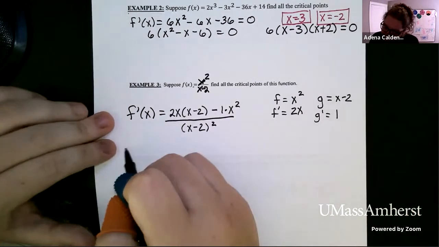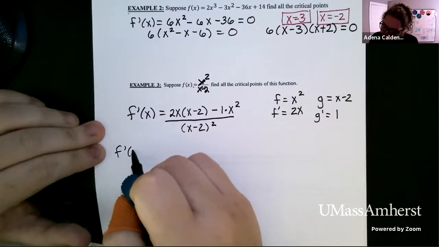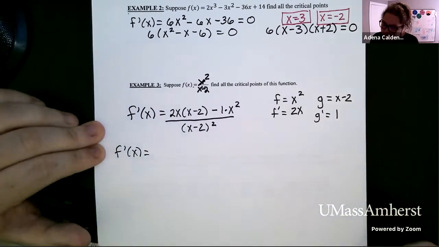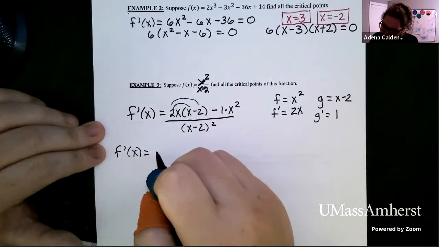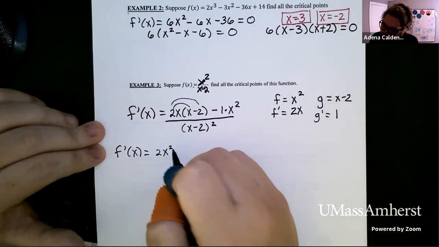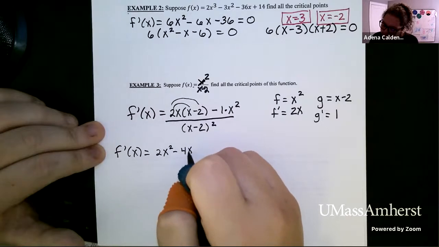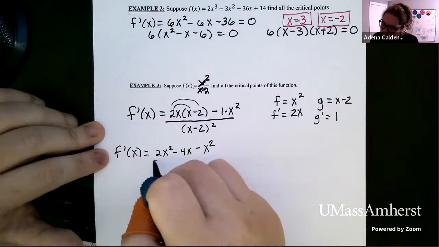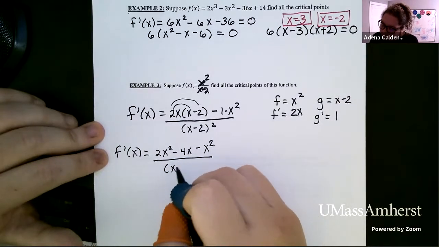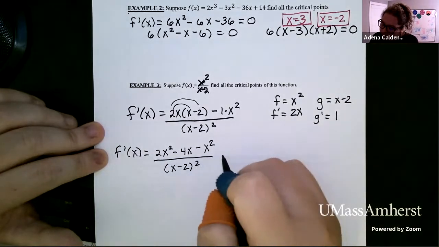So I'm going to take a step here to simplify my numerator. I'll probably do it in 2 steps. So here I want to distribute the 2x. So I have 2x squared minus 4x minus x squared. I'm going to leave the denominator as is for now.